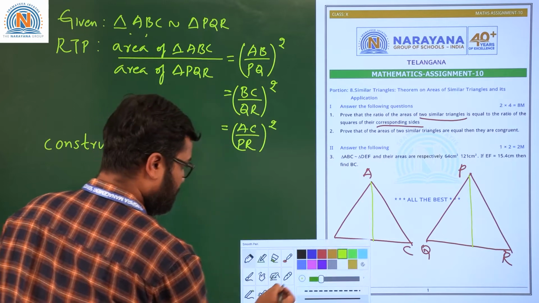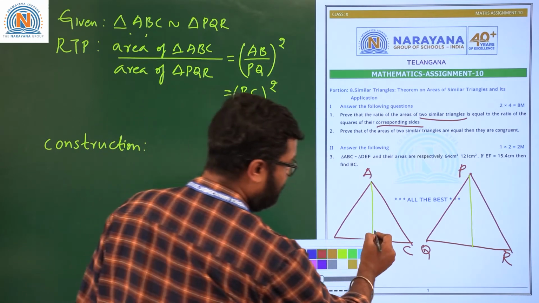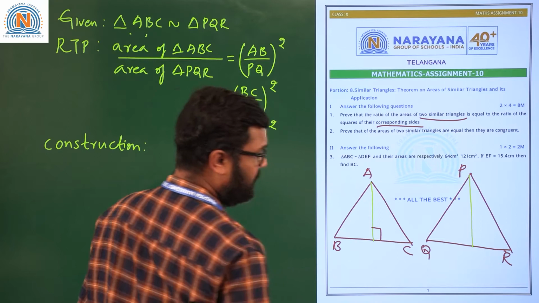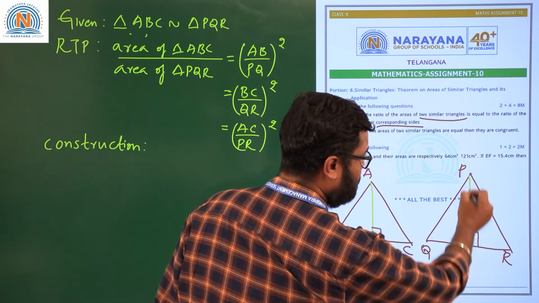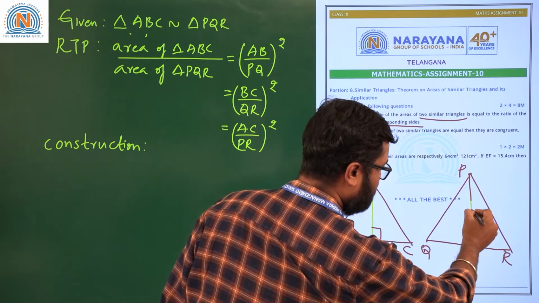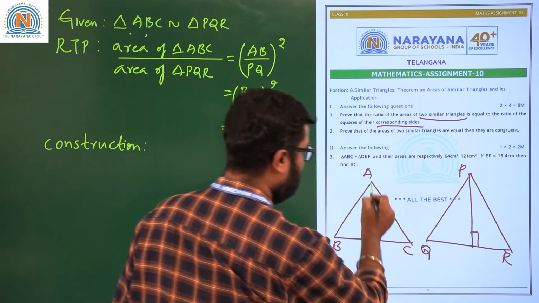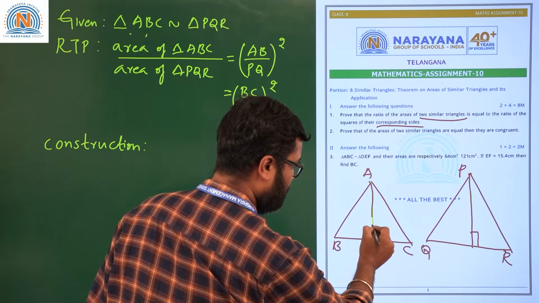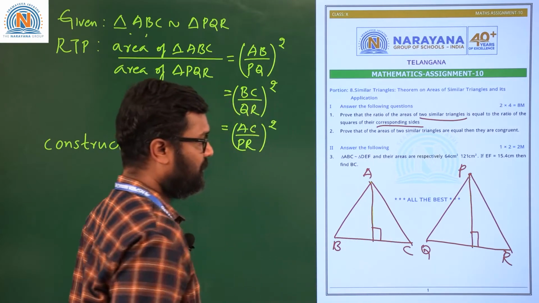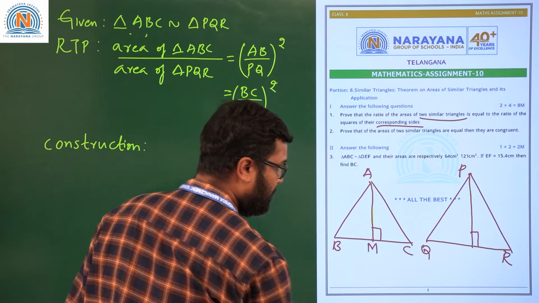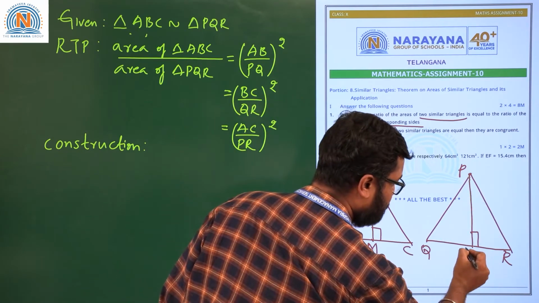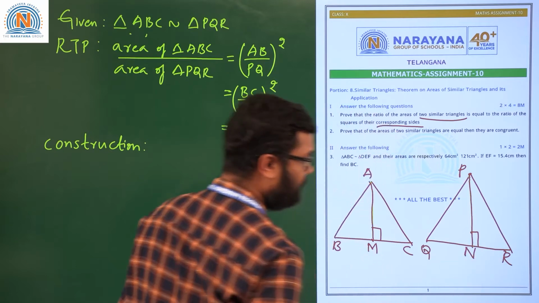This will be 90 degrees and this will be 90 degrees, because these are perpendicular lines. Let's take this point as M, and here N.